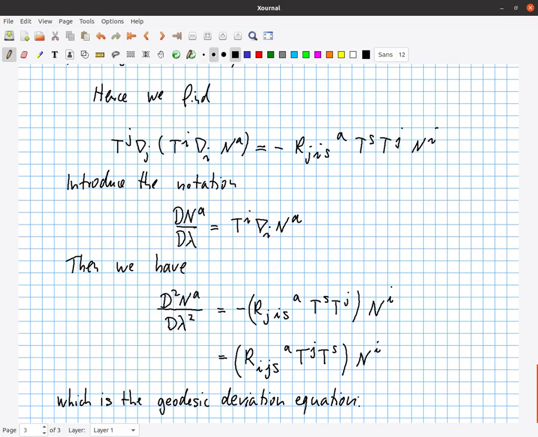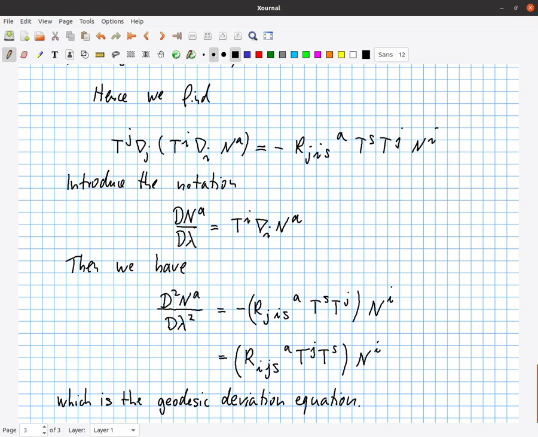This is the final ingredient that we need before we are able to formulate the Einstein field equations, or more precisely, the final ingredient needed to connect quantities that have an origin in differential geometry to objects that have their origin in say Newtonian mechanics. So in particular, what I want you to see here is a form of acceleration between two nearby geodesics, and this is determined by the curvature of the space.